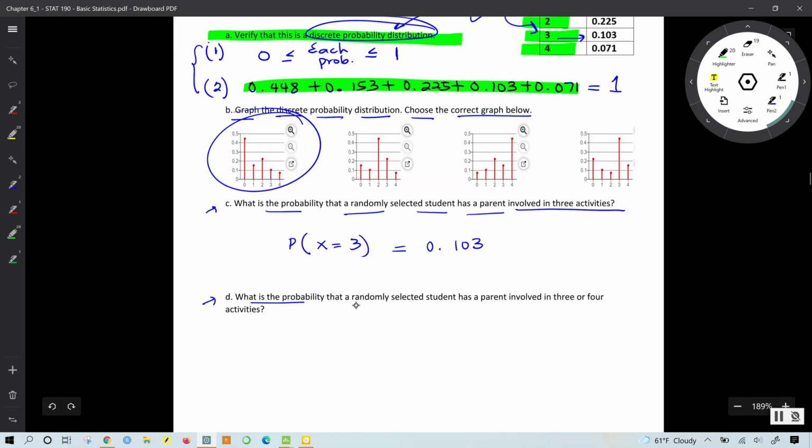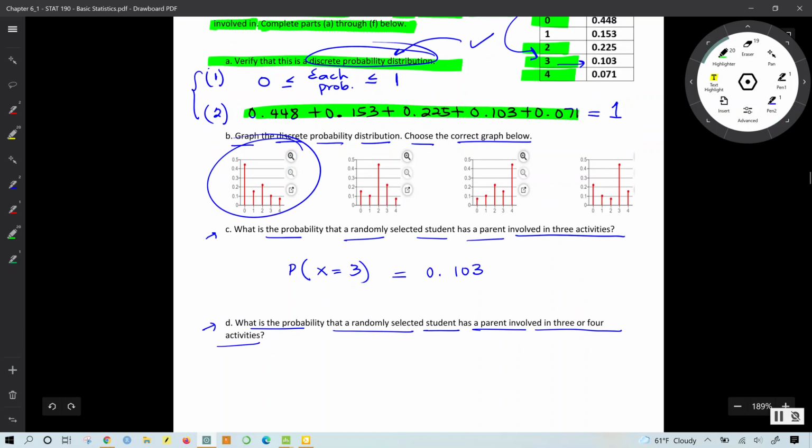What is the probability that a randomly selected student has a parent involved in 3 or 4 activities? Well, 3 or 4, that will be either this much or this much. So this translates to the probability that the number of parent activities is either 3 or 4.